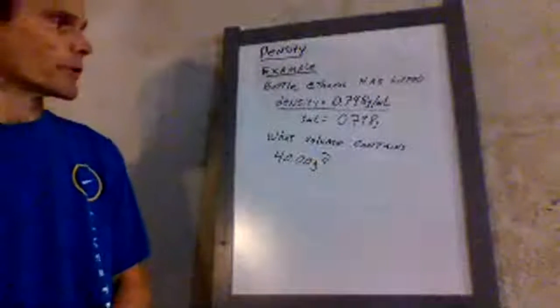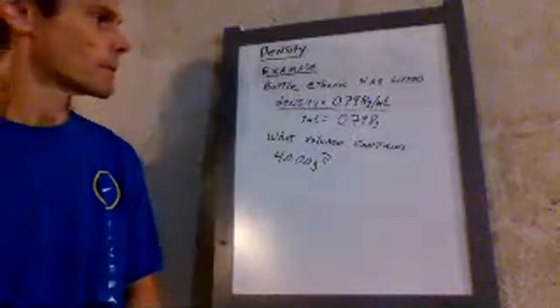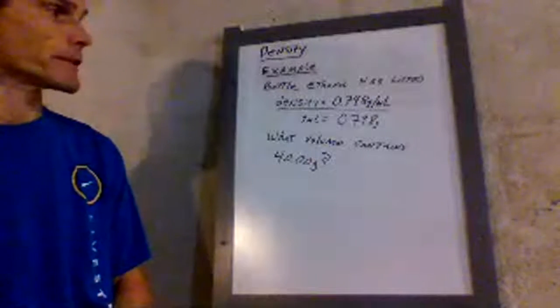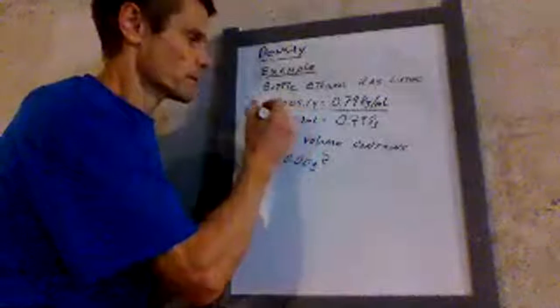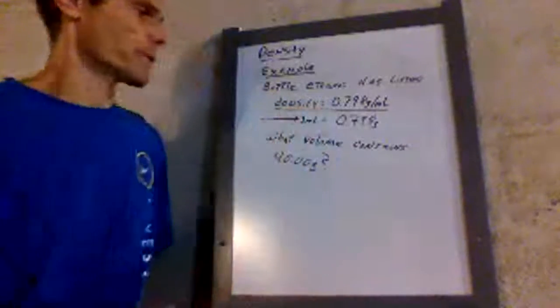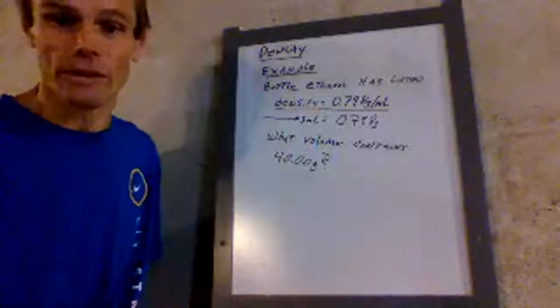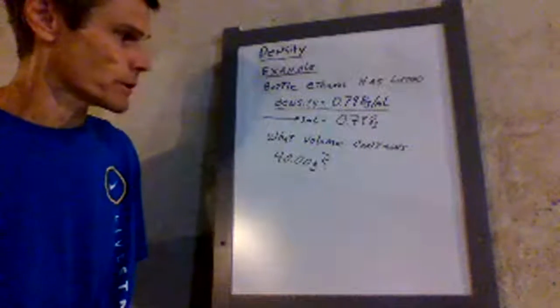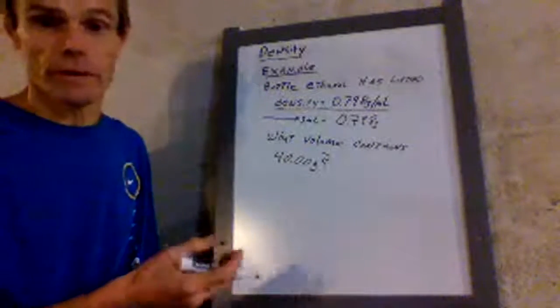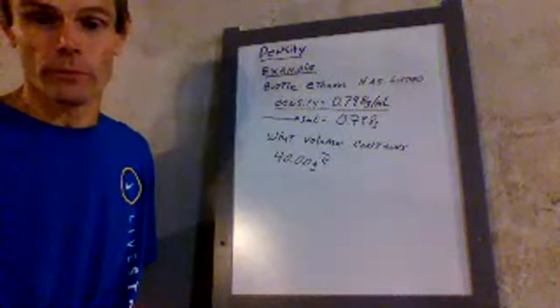Okay, so there's our problem. The bottle of ethanol has a listed density. The density can also be used as a conversion factor. Every milliliter of ethanol contains 0.798 grams. What volume of the ethanol contains 40 grams?